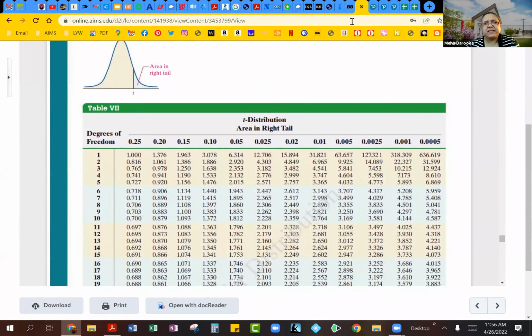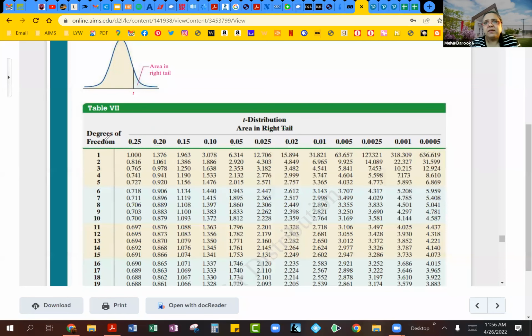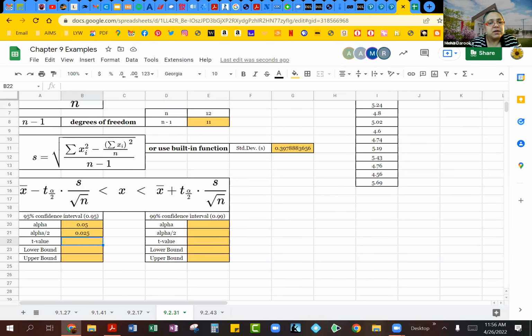You will see the way this table is set up, our alpha divided by 2 values are right here on the top, and then your degrees of freedom are right here on the left-hand side. So we had, I can't believe I forgot that number, 0.025. Yeah, so that's our alpha divided by 2, 0.025, and our degrees of freedom is 11.